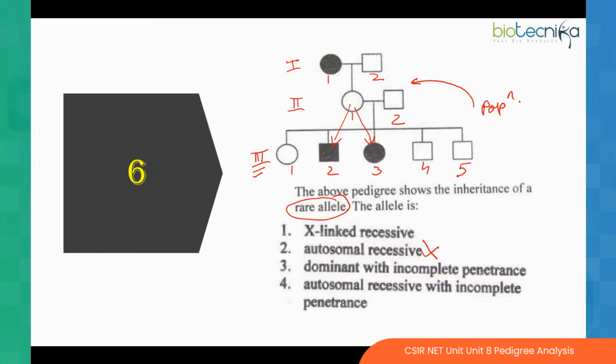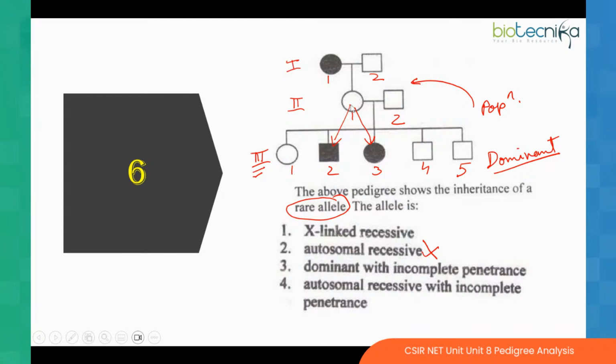So what allele must it be? It must be a dominant allele, because a single allele is capable of showing its expression. Now, if it is dominant, then ideally 2-1 should also show the trait, because she has the allele.